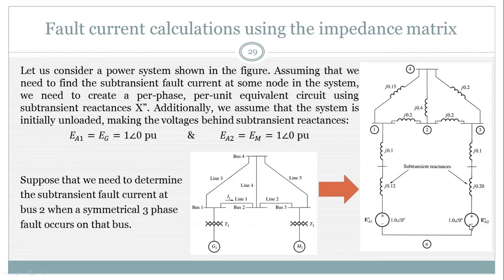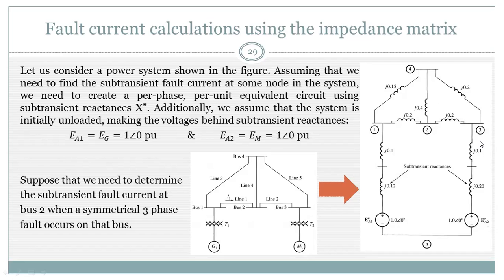Similarly, the motor is connected to bus 3, and this is the subtransient reactance of the motor, and this is the reactance of the transformer T2. Now, the line reactances are given in this diagram.